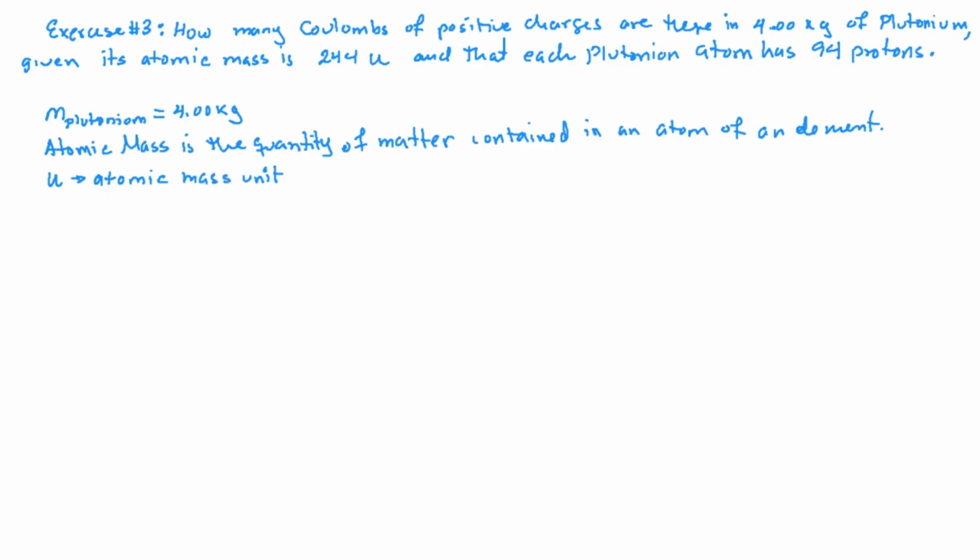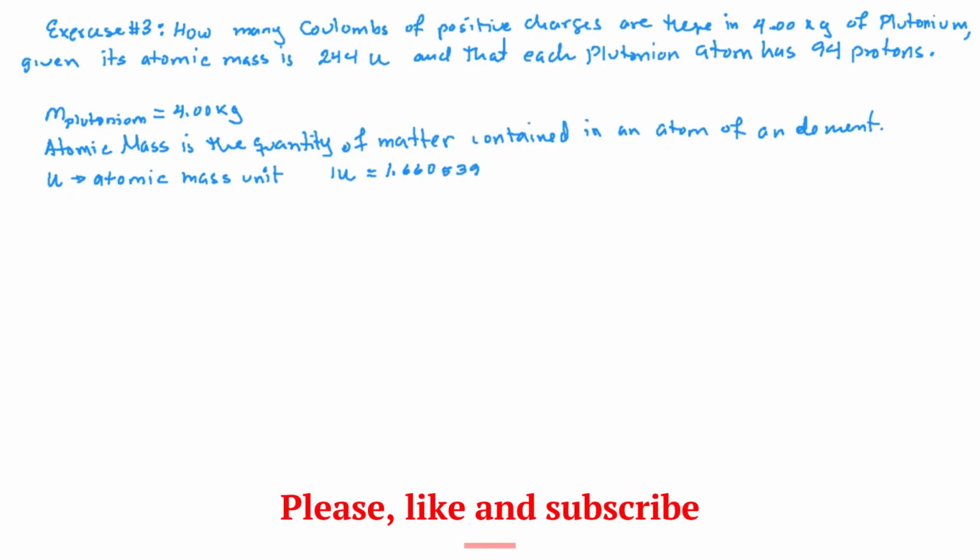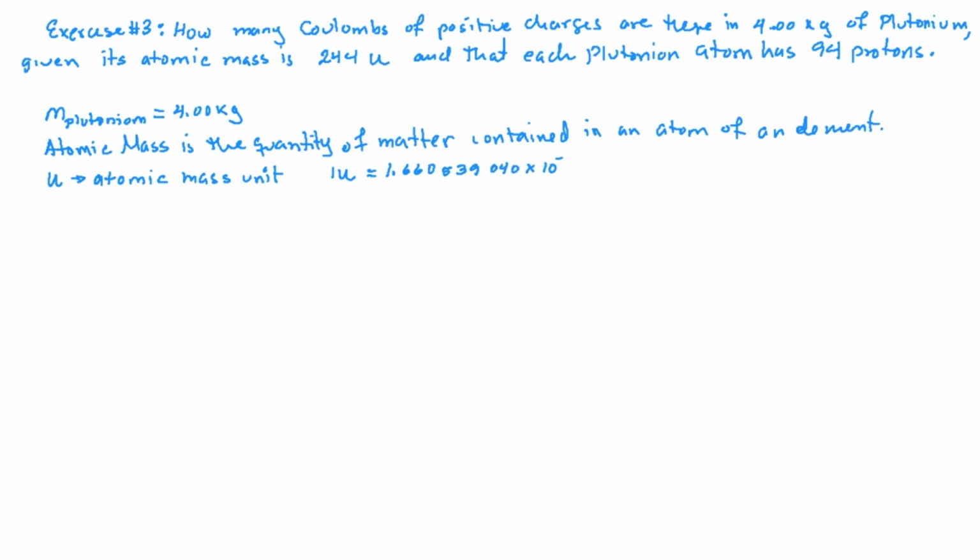And 1 U, 1 atomic mass unit, is equal to 1.660 539 040 times 10 to the negative 24 grams. Each atomic mass unit is equal to that.